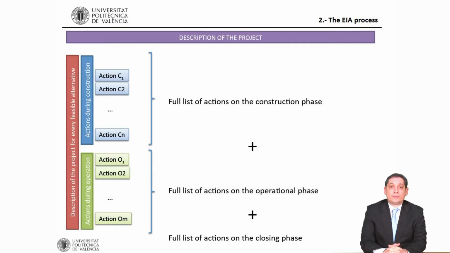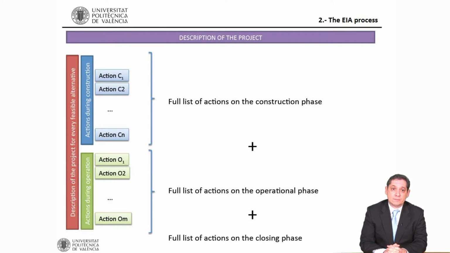In order to perform a full description of the technical project, both the construction phase and the operational phase have to be analyzed. For certain types of projects, the abandonment phase also has to be analyzed. But for every technical project, at least the construction and the operational phase must be analyzed.